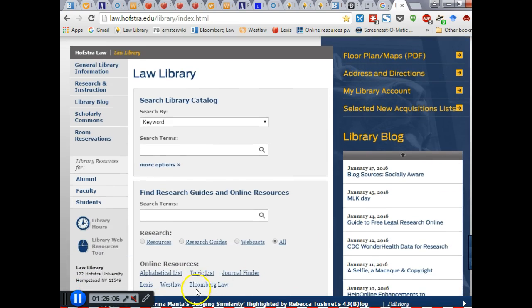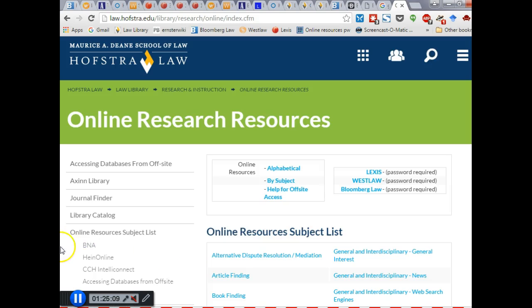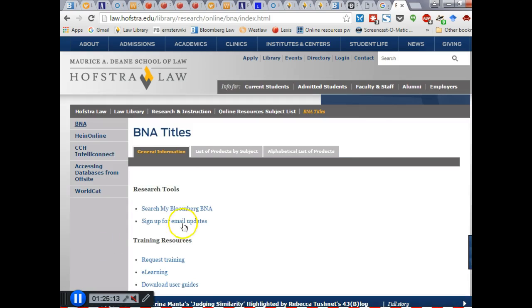So here in the Law Library's homepage, I'm going to go to Topic List. And then on the left here, I'll see BNA. And what that brings me to are BNA titles. I think some of you got here and then clicked on Search BNA. Is that what happened? Yeah. Which is fine, but then you search all of BNA, which might be good for some of you who don't find a particular topic.